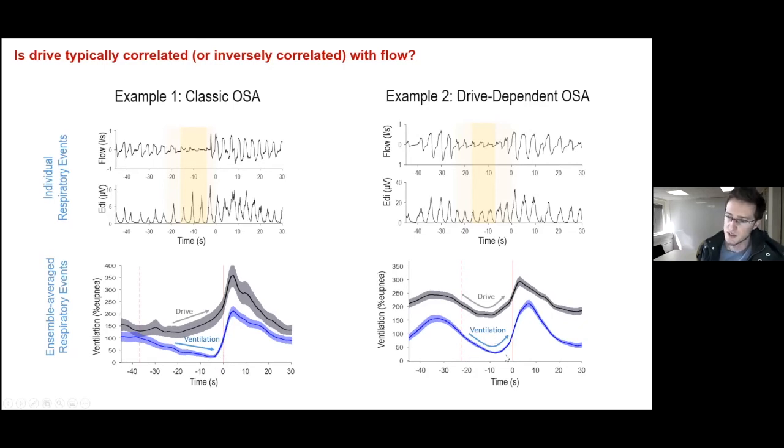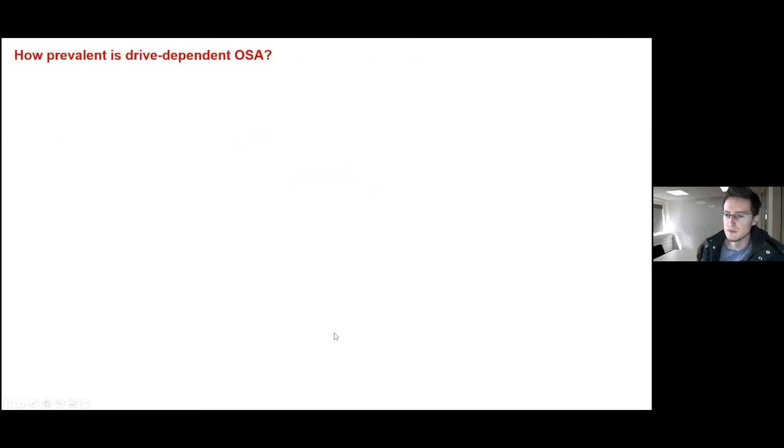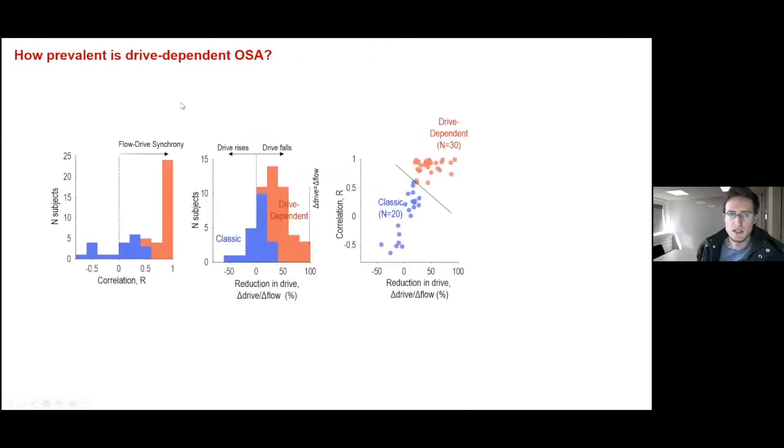This one gets called drive-dependent OSA formally. Drive starts rising at the same time that flow starts rising. There's no evidence that flow is doing anything independently of drive. I'm quite strict on that. So we classified patients as drive-dependent or classic.